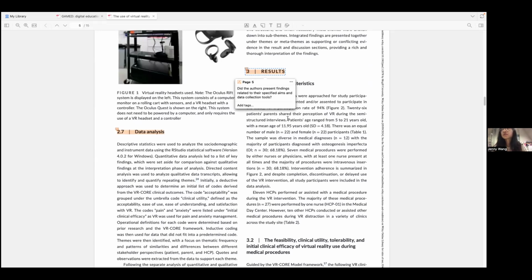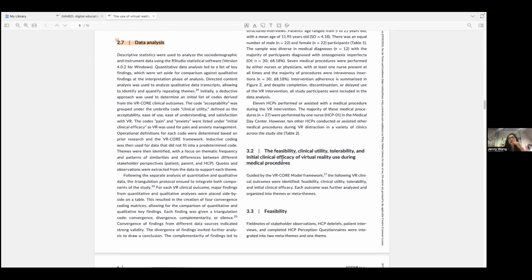But for the results, it's important to double check whether the authors presented the findings in a way that aligns with their aims. I know I've said that a bunch of times, but it always goes back to their research aims and whether they actually leveraged all their data collection tools, used the data, and then presented it. The way they present their data is quite important, because it'll help readers interpret.